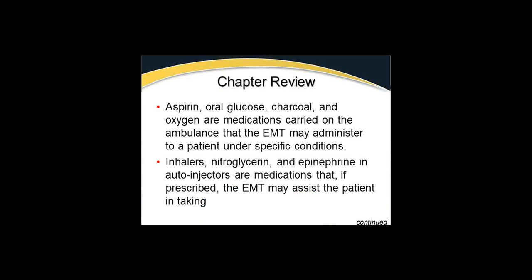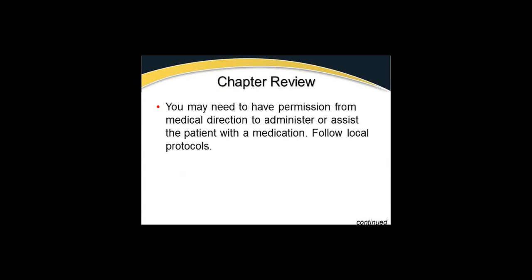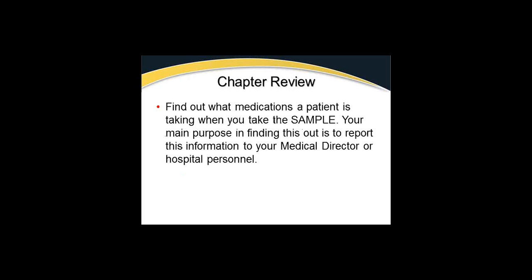So chapter review talks about the various medications you may have on your ambulance or assist your patient with. You may have to have permission in the form of medical direction to do a lot of your medication administrations, so you have to know what your protocols are. Find out what medications your patient might be on, and then get your SAMPLE history.